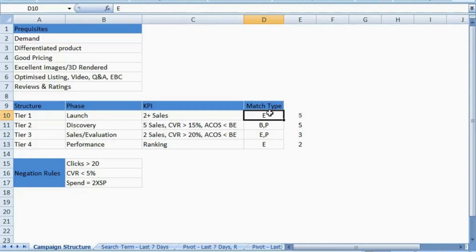So we should be very clear that while we get 5 sales at a lower ACOS at this phase, you are not yet prepared for ranking. Why? Because your price is low. At this price, yes, there were many sales and your conversion ratio is really good, but note that your price is low. That is why those two metrics perform well. What will happen if you rank up blindly?